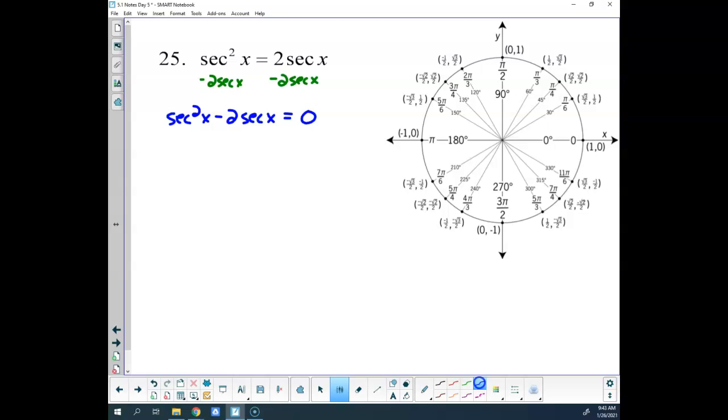Since we have two trig functions, they happen to be the same one, but one's squared and one's not. Since we have two, we've got to get everything onto one side. Then we can factor out a secant.